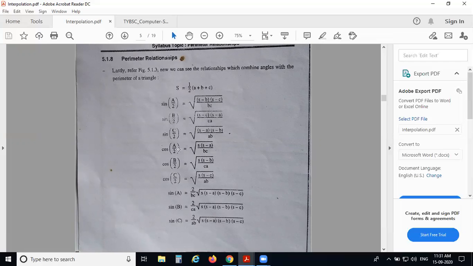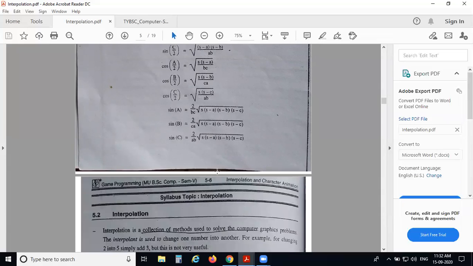The next one is cos A divided by 2, which is equal to square root of S into S minus A divided by BC. Then cos B upon 2 is equal to square root of S into S minus B divided by CA. Then cos C upon 2 is equal to square root of S in bracket S minus C divided by AB.